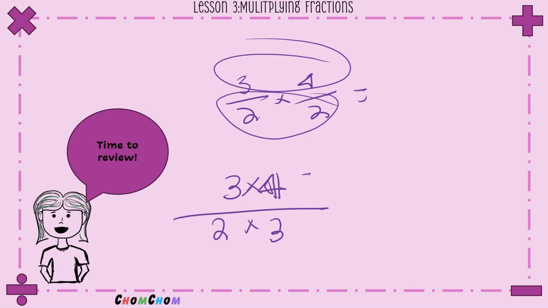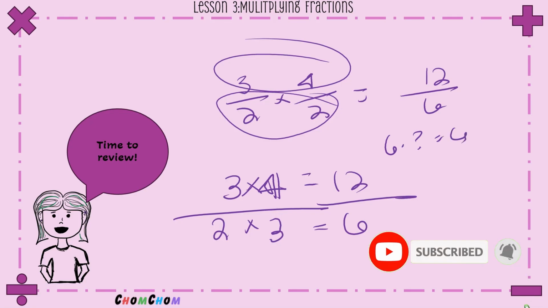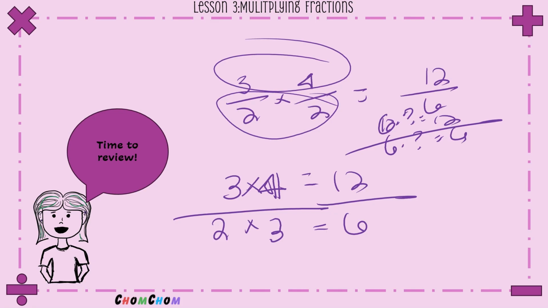And then we end up with 12 over 6, and then we can take something out of this. So we end up with 6 times something equals 6, and 6 times something equals 12. And then we just end up with 2. So that's just equal to 2.